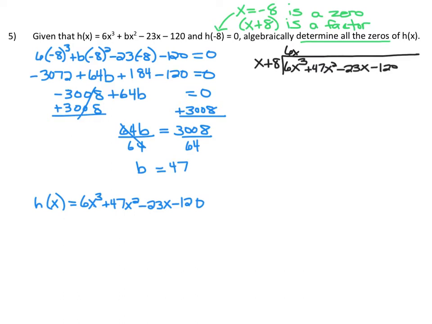And remember, we should not be getting a remainder in the end, because if this is a factor, it's going to divide evenly into it. Let's distribute the 6x squared to both terms down here. So 6x squared times x is 6x cubed, and 6x squared times 8 is 48x squared.